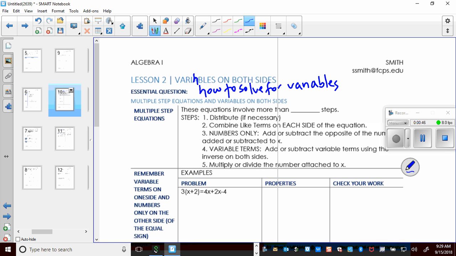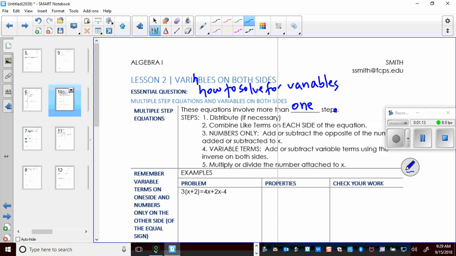And it's going to have an order kind of like PEMDAS. So you always distribute first, then look to combine like terms on each side of the equation. Okay? So we're going to go through the steps. These are multiple step equations and they involve more than one step.